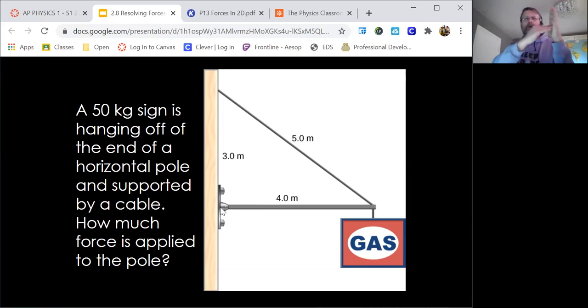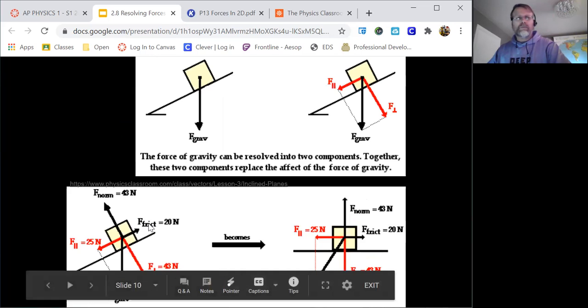The interesting thing about this example is our normal force would be coming out of the wall, and our friction force would be going vertically up the wall. Okay, so your normal force can be in every direction, including perfectly horizontal. Okay, we just have to keep track of all the forces as we go through these things.